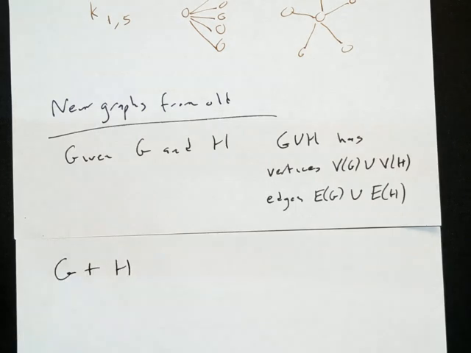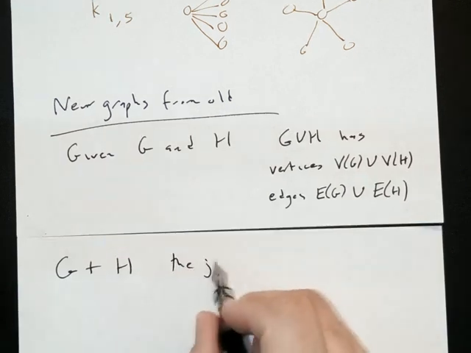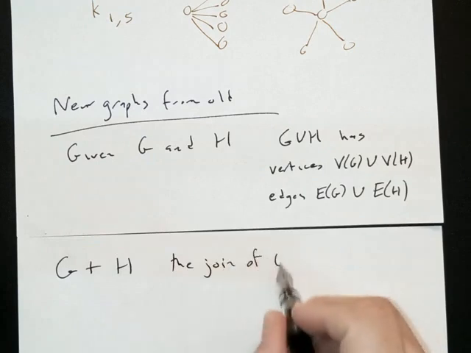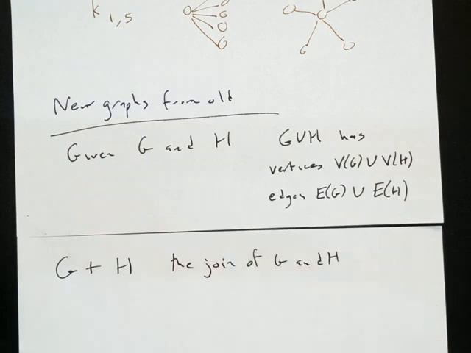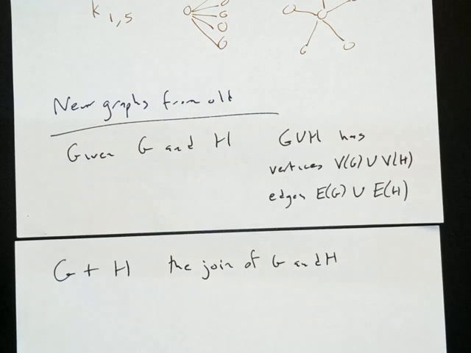On the other hand, I could add them. Now, somebody in set theory decided that what they wanted to do was to call this a join. I'm perfectly happy calling it a sum.